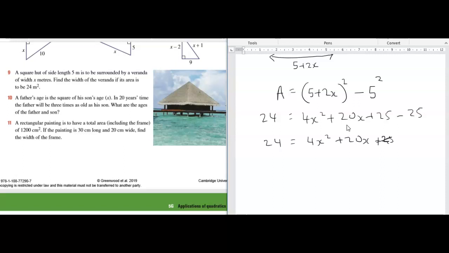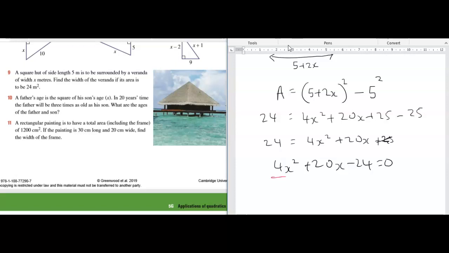So we've got 4x squared. Let's put everything on one side: minus 24 equals 0. Now, if you've got a coefficient of x squared, think about if you can get rid of it by taking out a common factor.